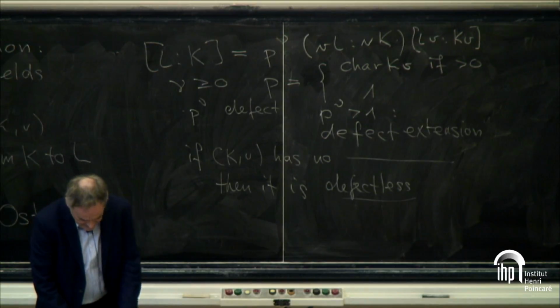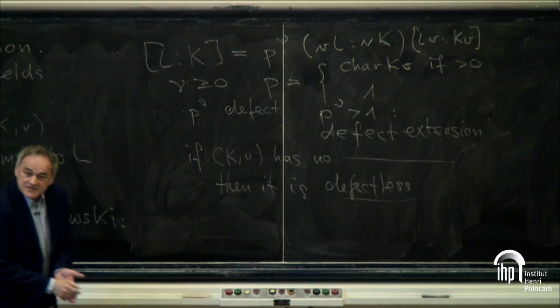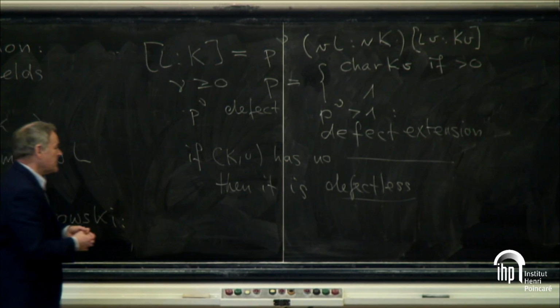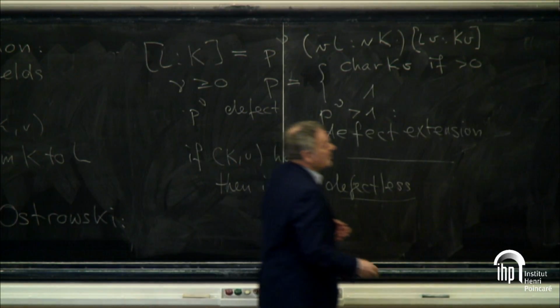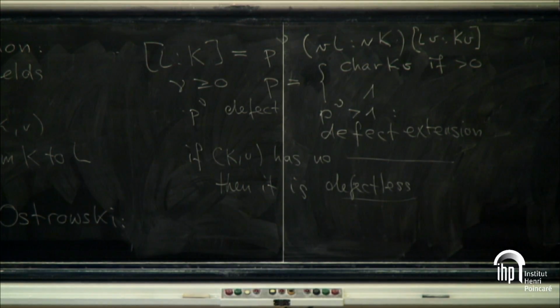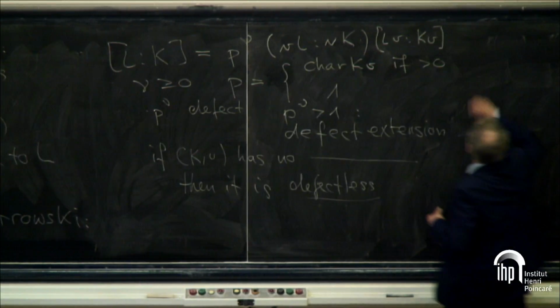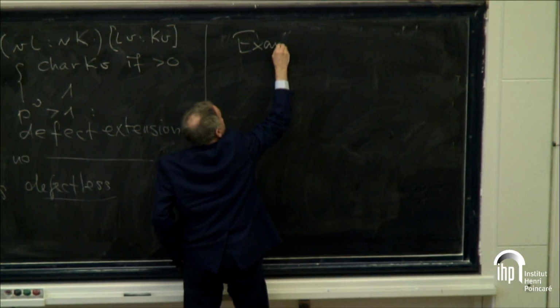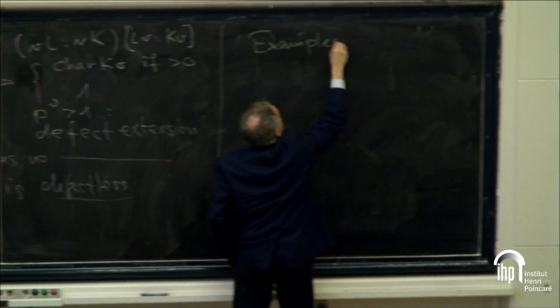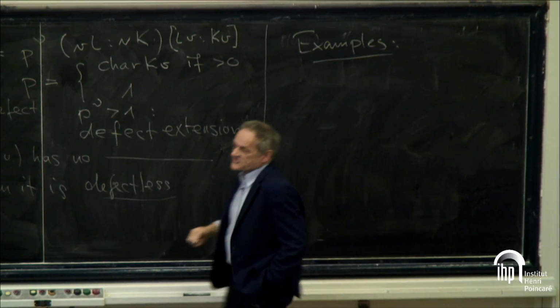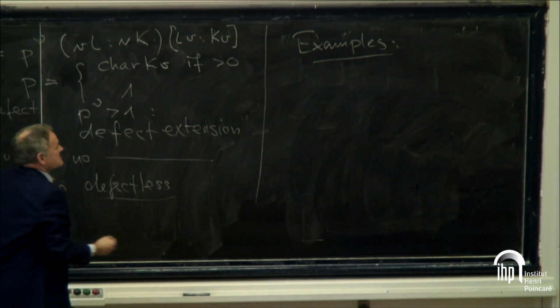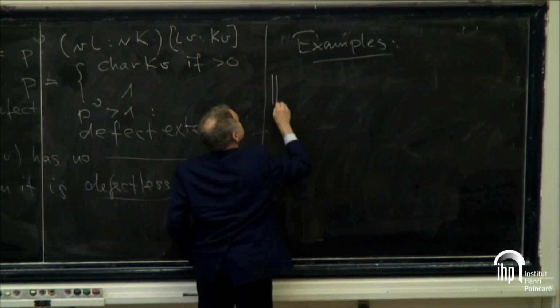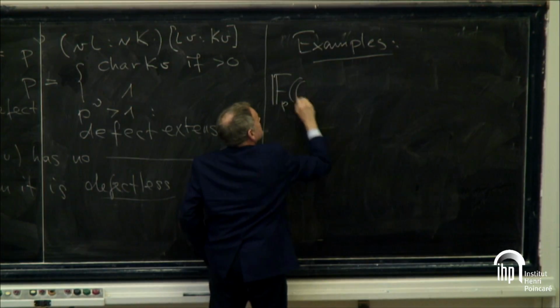Okay, so I said defects can also appear over fields that are perfect. Well, maybe I didn't say it, but I say it now. So examples. Defects over perfect fields. You start with F_p((t)), the Laurent series field over the finite field with p elements.